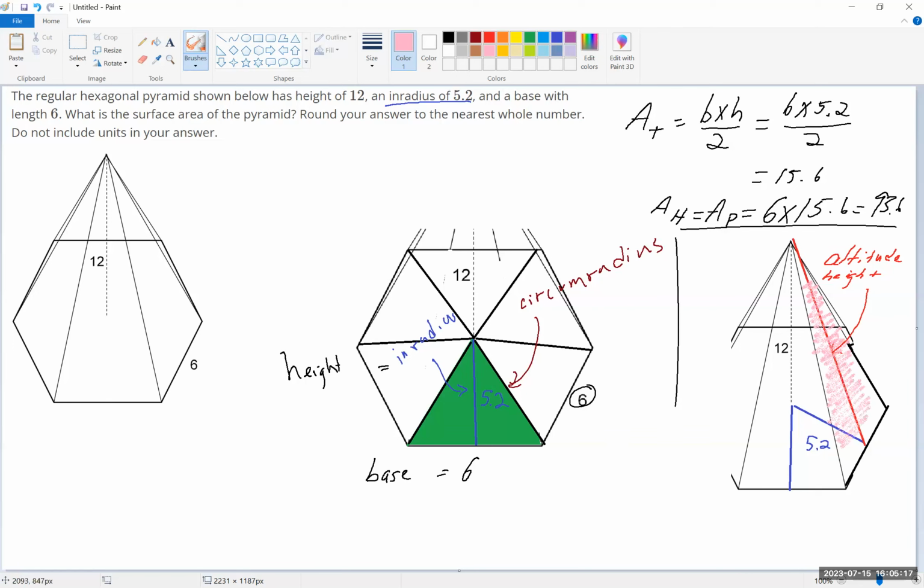And there's 6 of these triangles. So if I can figure out the area of that pink triangle, then I just need to multiply it by 6. But in order to get the area of the pink triangle, I need that height. Fortunately, I already have the base, which is 6, because it's the same base as this one.